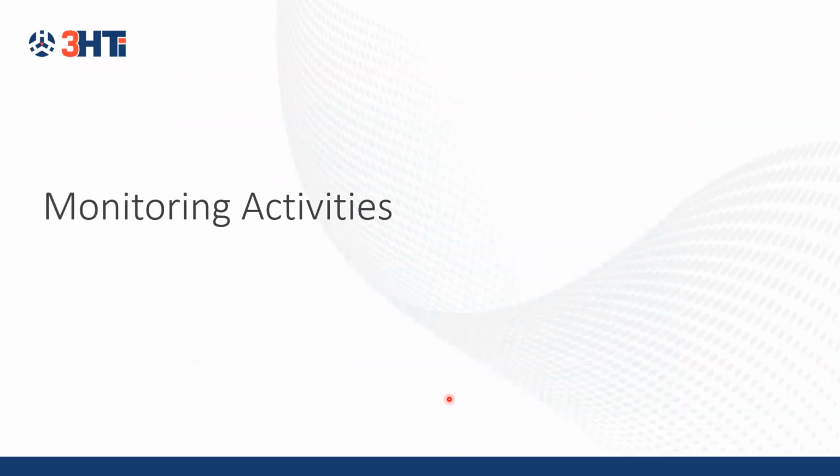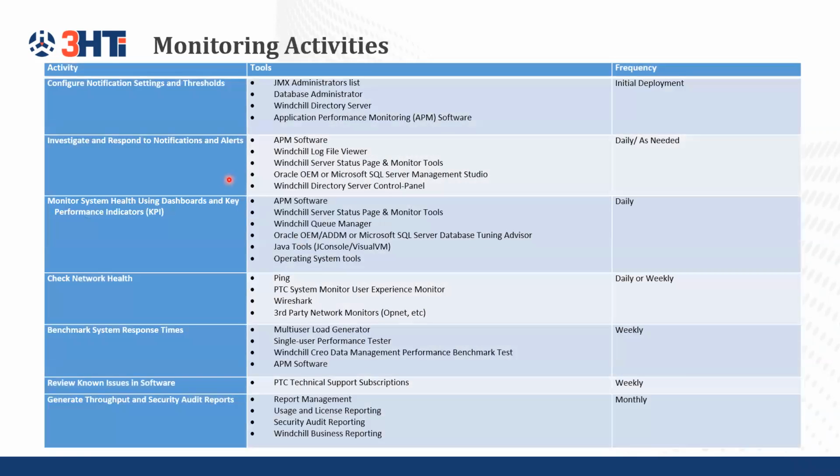All right, so we're going to look at the monitoring activities, which are recommended from PTC, and there's documentation that this comes from, which we can link you to at the end maybe. But these are the monitoring activities which need to be done on a Windchill system. And on the right side is the frequency, either daily, weekly, monthly, what have you.